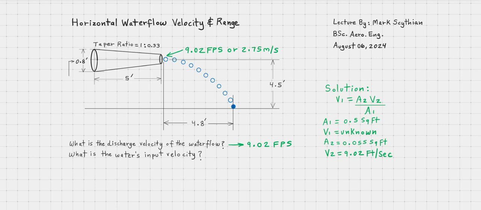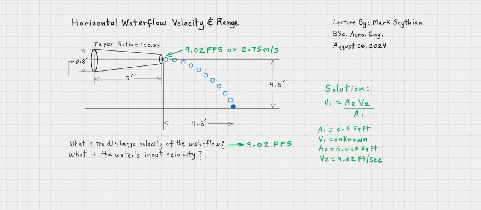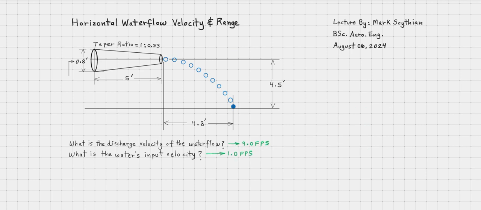Because it's square feet over square feet, they cancel out and become a ratio. So we calculate 1 foot per second as the water's input velocity through the duct.